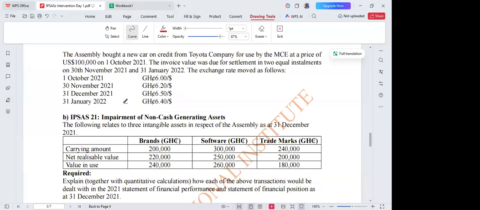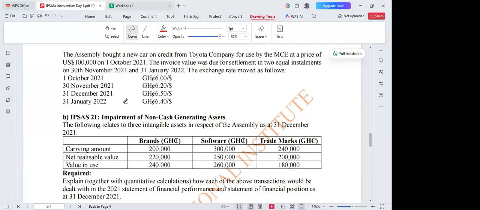The assembly bought a new car on credit from Toyota Company for use by the MCE at a price of $100,000 on 1st October 2021. The invoice value was due for settlement in 2 equal installments on 30th November 2021 and 31st January 2022.